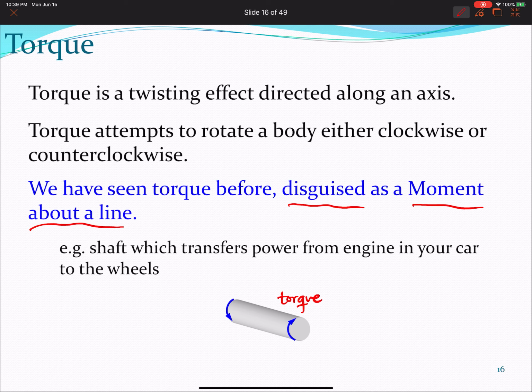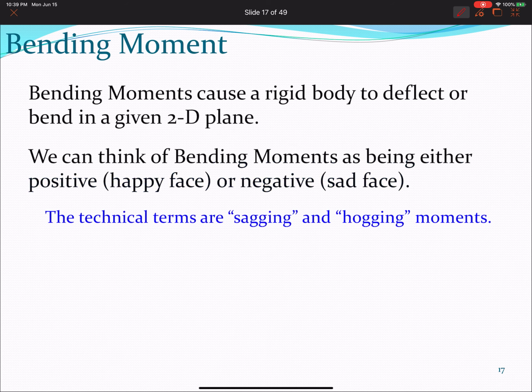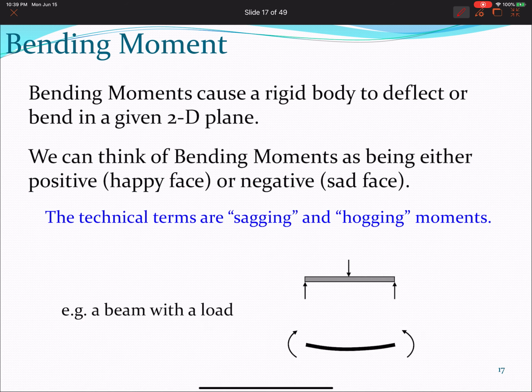The type of moment we are going to discuss in this part of the course is a different type of moment, which makes a beam bend. This is a beam. The effects of those moments on a beam make it sag like this, or make it bend.